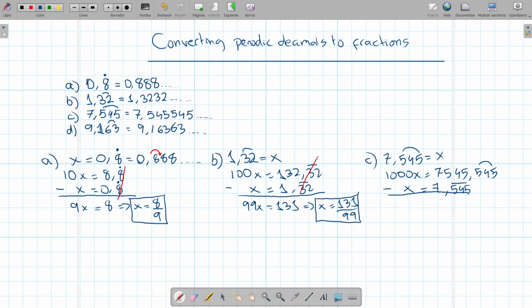Okay, and we subtract that, we get 999x, and then we get 7.